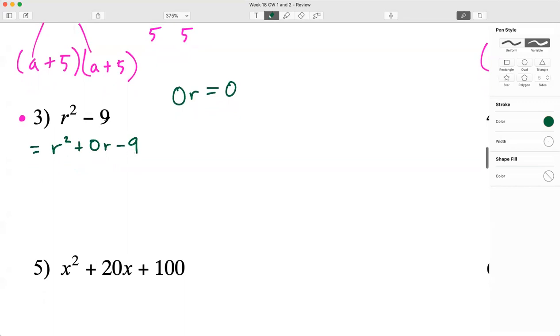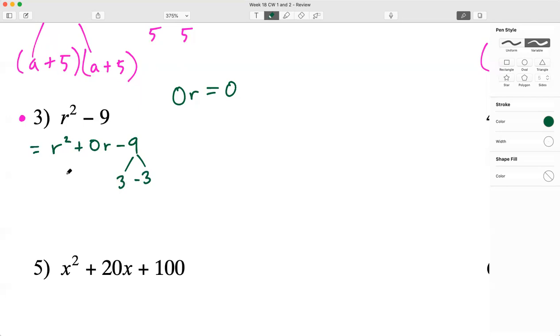And with the difference of two squares, factoring the difference of two squares, this number here, we're going to have to find what was multiplied by itself to get it. And if you know your multiplication tables, it's 3, right? So 3 multiplied by 3 equals 9. But one of the numbers had to be negative because it's -9.